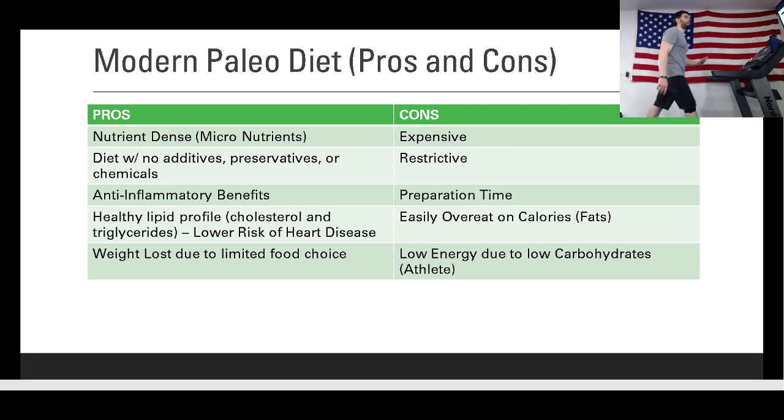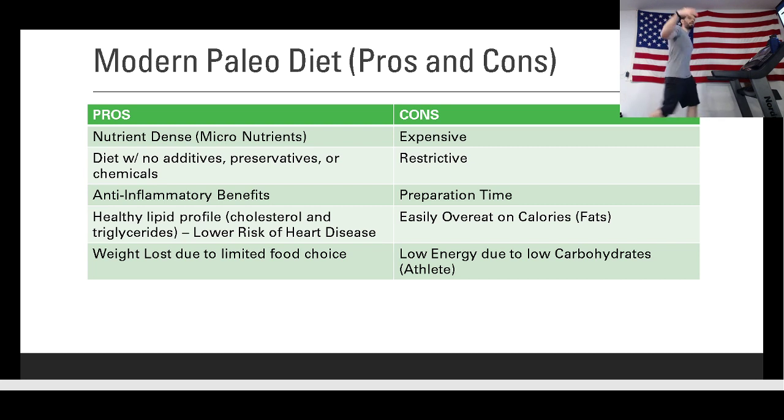So that can be another big thing, the low energy, because generally speaking, your carbohydrate consumption is going to be lower. You have to remember, the idea of the paleo diet, even though fruit's allowed, is that you're supposed to be eating like the caveman, where a majority of your diet is meats and fish, followed by your fats, being your olive oil, nuts, seeds, and then at the very top is your fruit and vegetables.